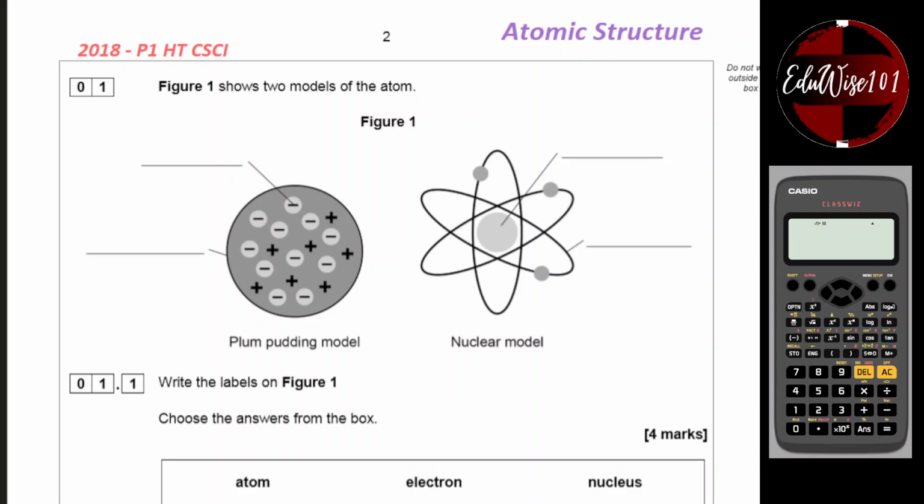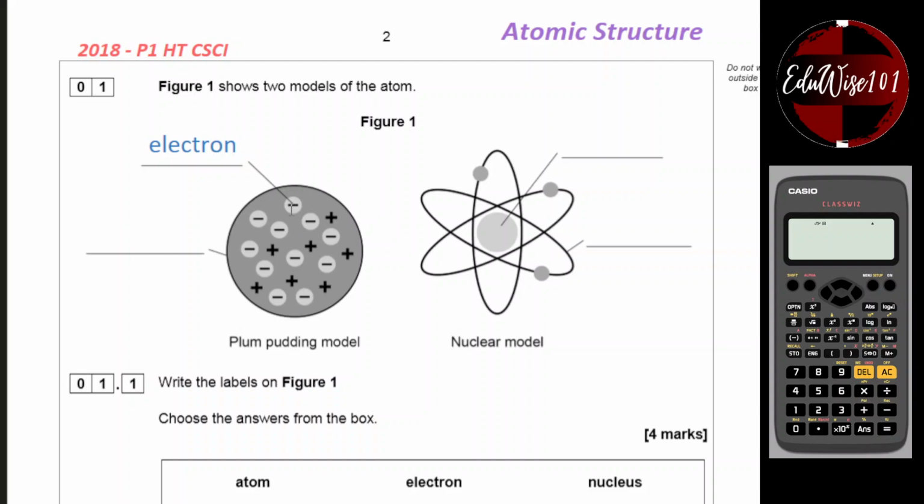Question 1 is on the atomic structure. Figure 1 shows 2 models of the atom. So for figure 1, you have the plum pudding model and the nuclear model. Write the labels on figure 1. Choose the answers from the box. These particles with the negative charges are the electrons.